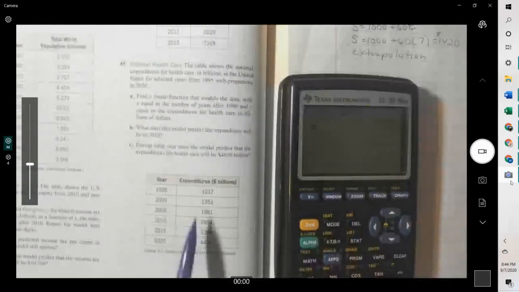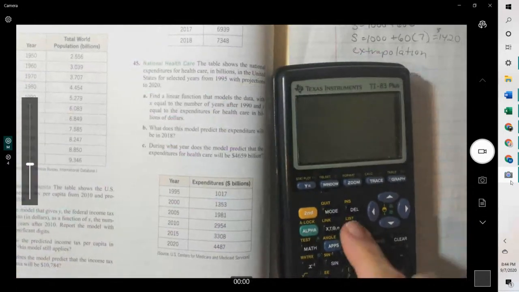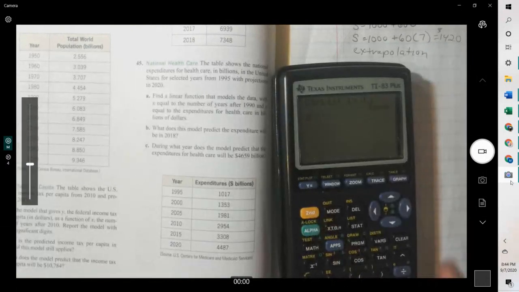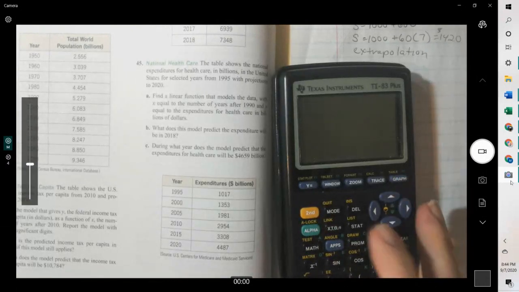Okay, so the first thing we need to do is enter these into the calculator. Clear this. Stat. I'm going to clear my list and then edit my list, and we're going to enter them.